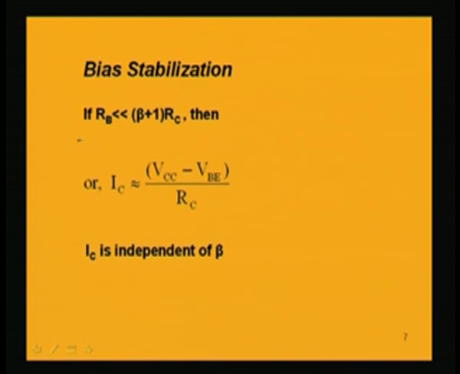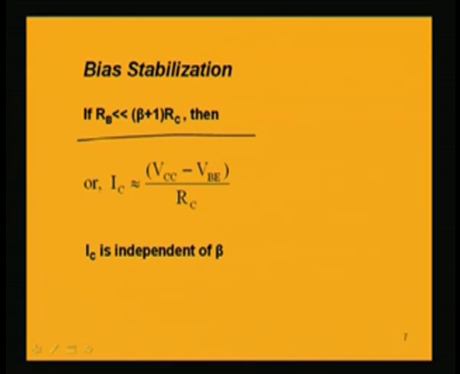Finally, if this condition is met, that is RB is much less than (beta plus 1) RC, then we can get IC approximately equal to, of course the exact expression is not so, but after satisfying this design criterion we can write approximately IC equal to (VCC minus VBE) by RC, and here it is independent of beta.